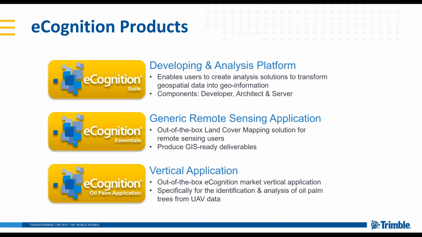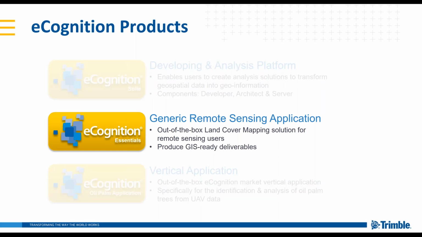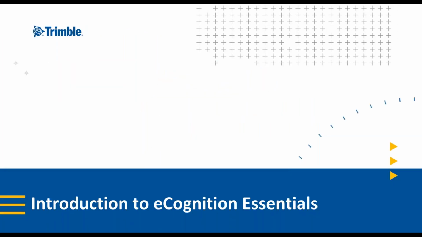This is what we call a generic remote sensing application. And we also offer vertical applications, which are really designed to analyze a specific problem. For example, the eCognition oil palm application for the analysis of oil palm plantations. And where we find ourselves with Essentials is this generic remote sensing application and a simplification of the tools that are available within eCognition Developer.